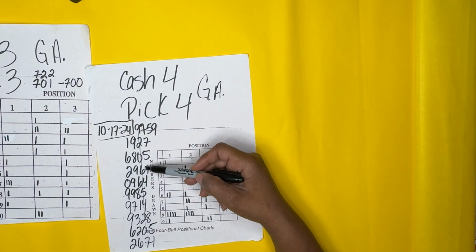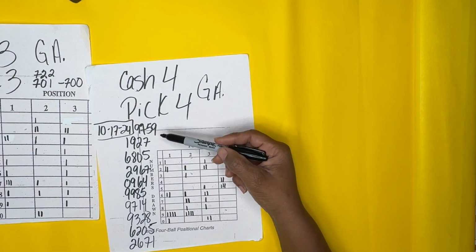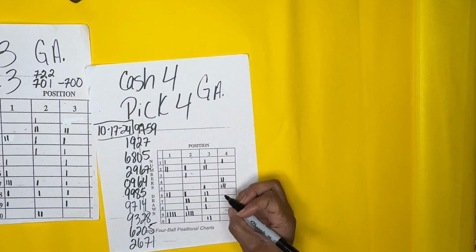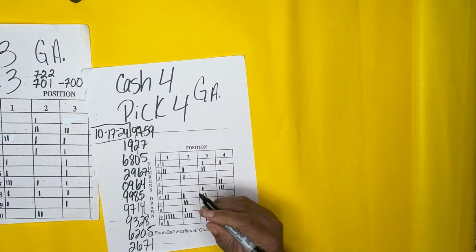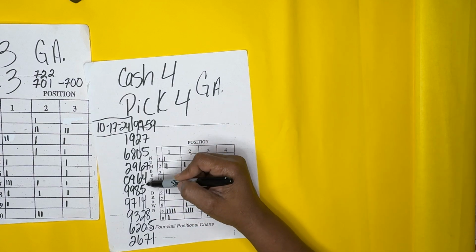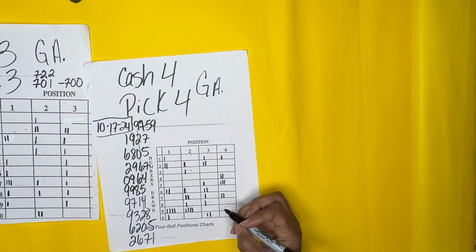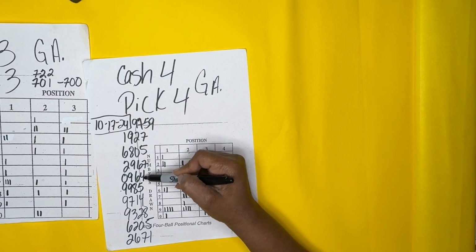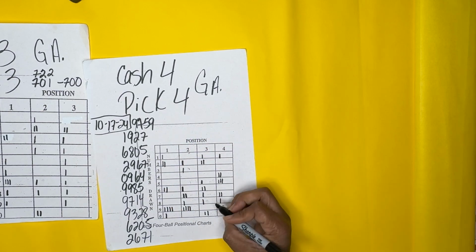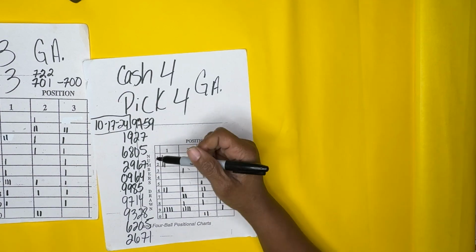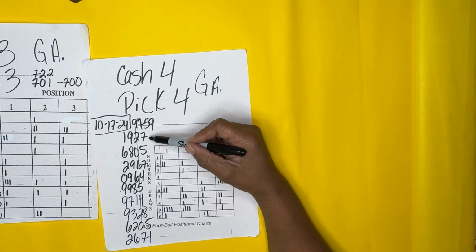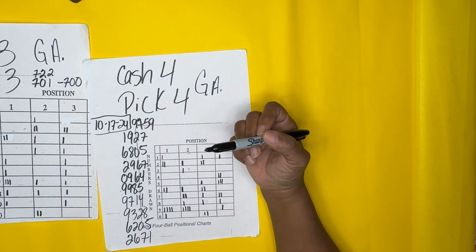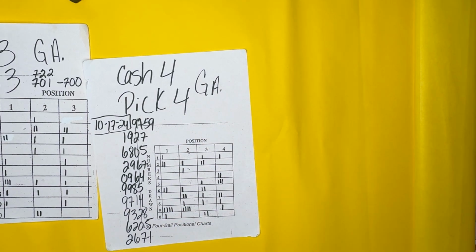How many 6 do we have? None. Sevens, 1, 2. We got 2 number 7s. Any 8s? In the 4th position, you have 1 there. Any 9s? 1. Any 0s in the 4th position? I'm sorry, I keep saying 2nd. I hope y'all are not getting confused. I'm sorry. So we have no 0s.